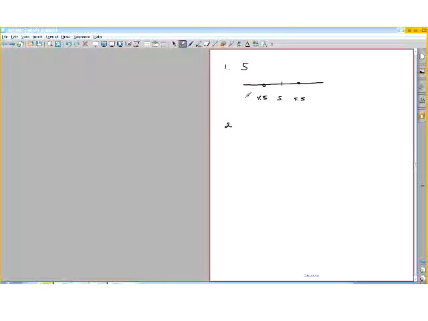A rational number between 2.8 and 2.9. Well, rational numbers are numbers where, if you have a finite number of decimal places, then you definitely have a rational number. You can also have a rational number that's repeating, but has a certain pattern to it.